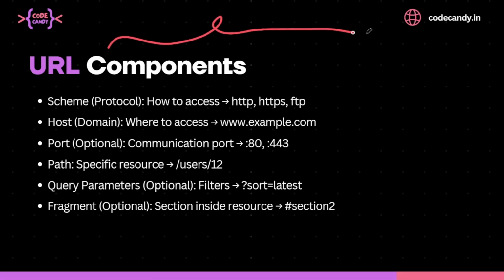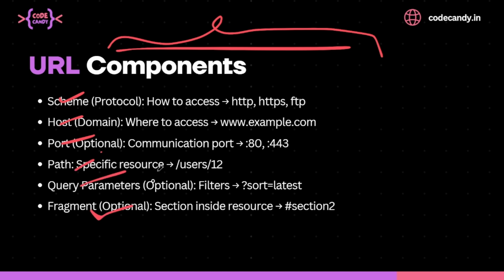In the internet, the entire URL has all these components: scheme, host, port, path, query parameters, fragments. All these components sum up to be a URL.